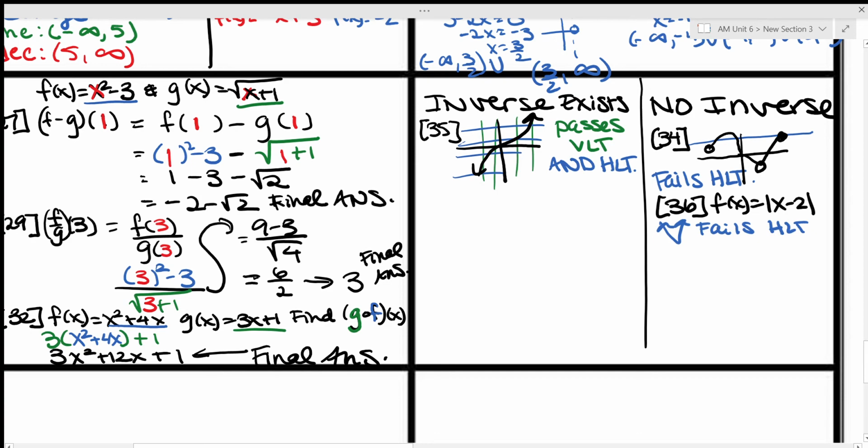37 is a quadratic with a restriction. Look at your restriction. Does that restriction repeat the y values, making your U a half a U? What do you guys think? It is a yes. It is an inverse. Does exist.